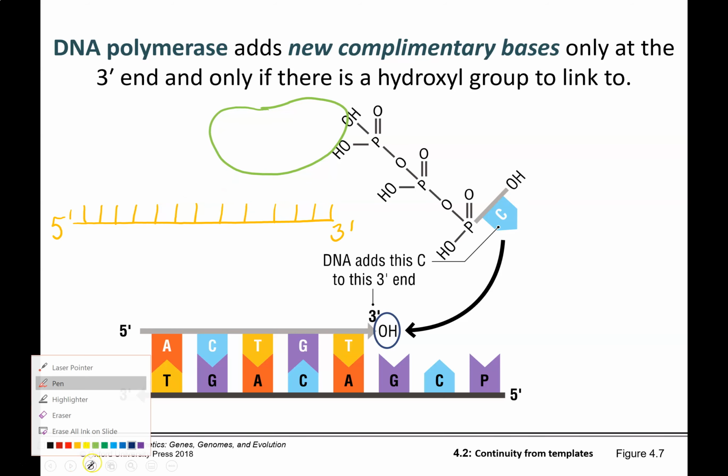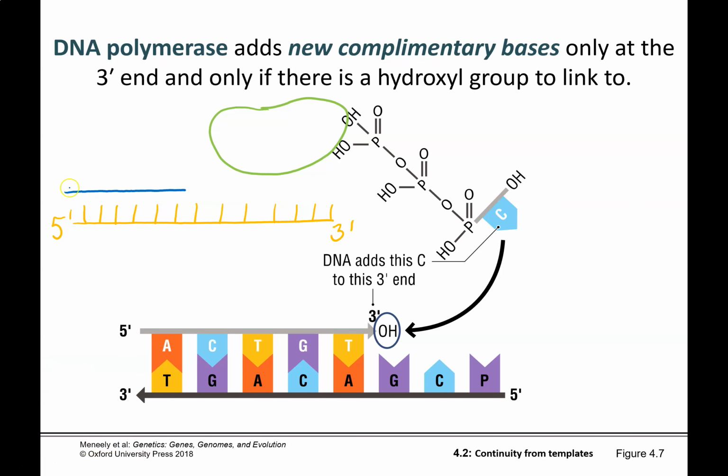But if we have the other end of our strand, draw it over here, and we have our free 3' end, then DNA polymerase can absolutely add a new base pair there. So we have to have a 3' end sort of hanging off a complementary strand that's already present, and that's going to be important in just a minute. Keep that in mind.